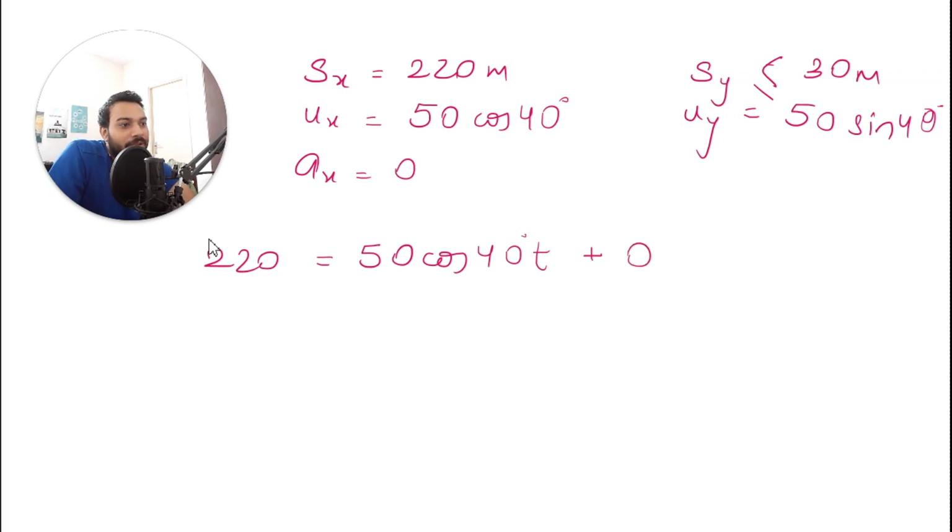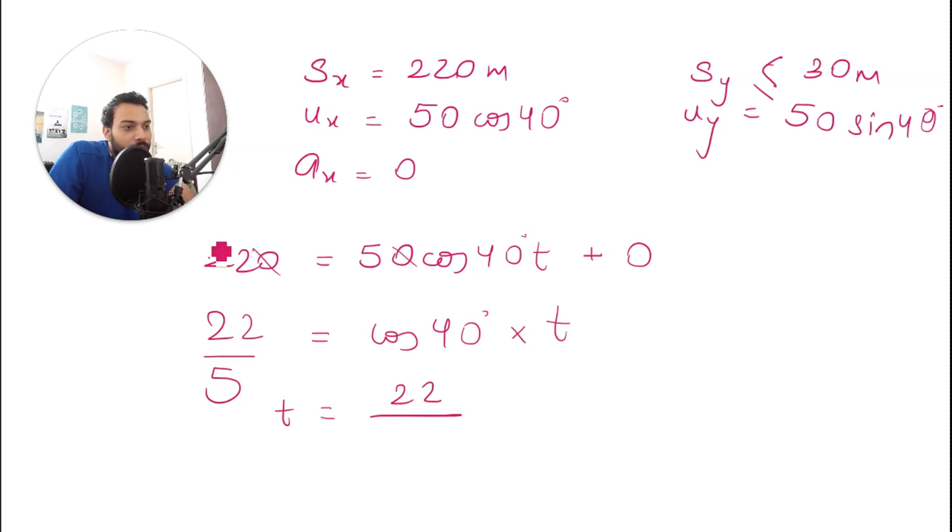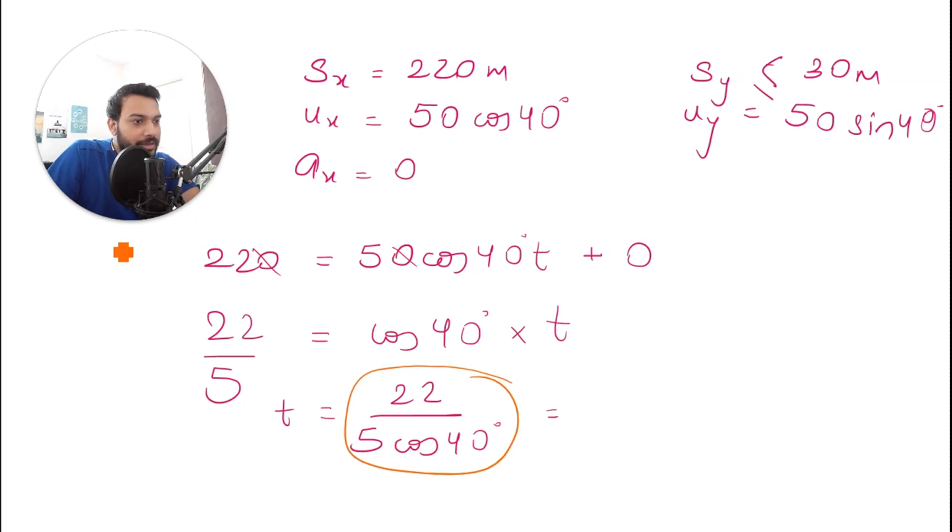A is 0, so that term is 0. So now this becomes 22 over 5 is equal to cos 40 times t. So time is basically 22 over 5 cos 40 degrees. Let's leave the time at this. We won't solve for the values just yet.